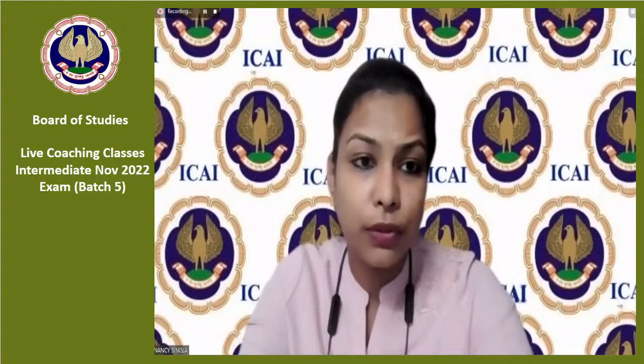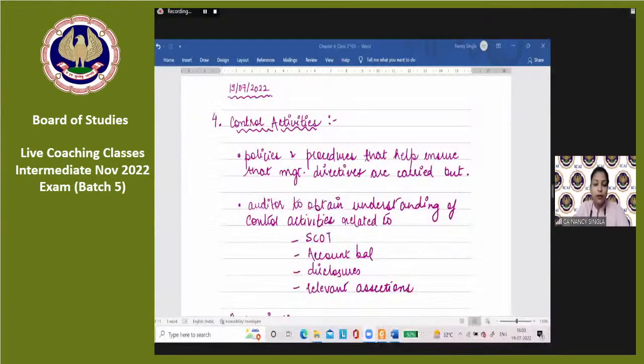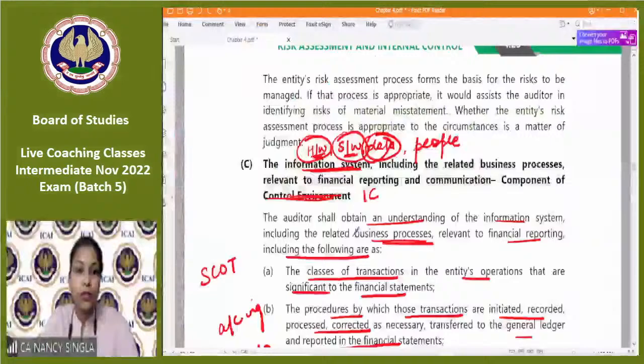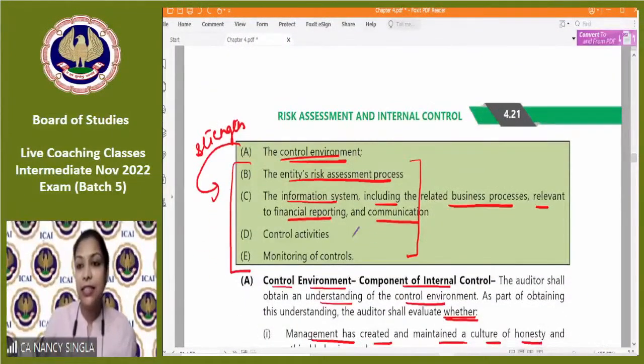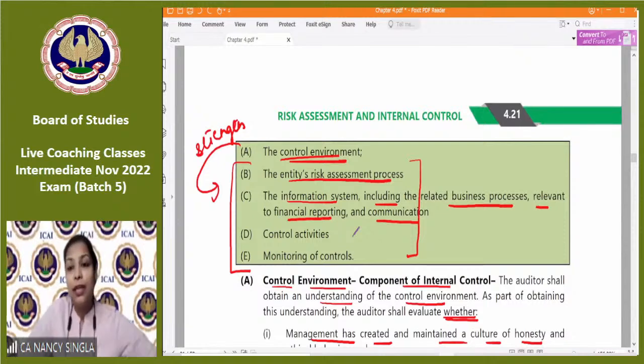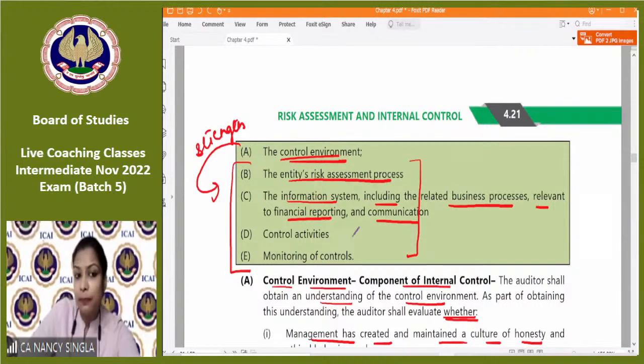Let me just share the module. Control environment, entity's risk assessment process, information system. These 3 we have already discussed. Control activities and monitoring of controls will be discussed today. Students, as I have told you, like a flower needs an environment to grow, the same way internal control needs an environment, needs some components by which it can operate effectively.